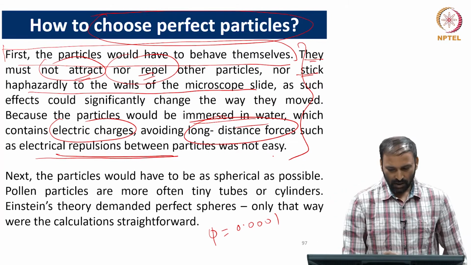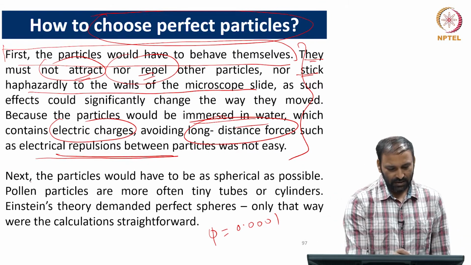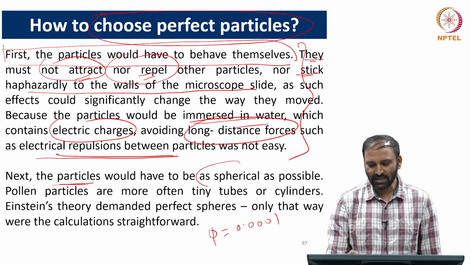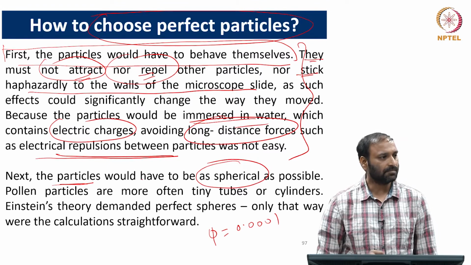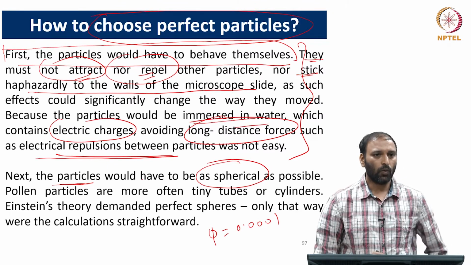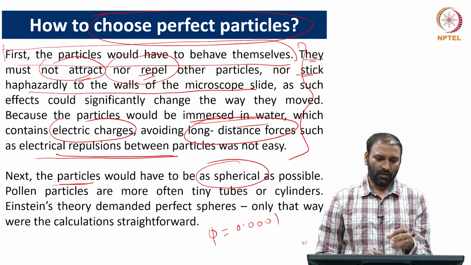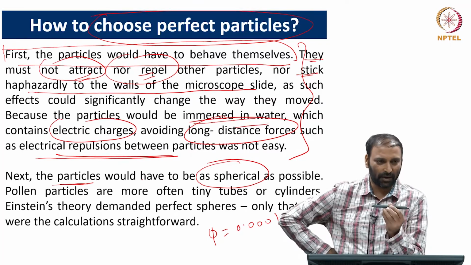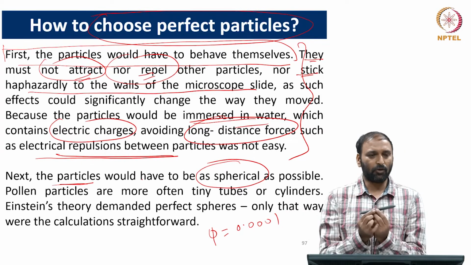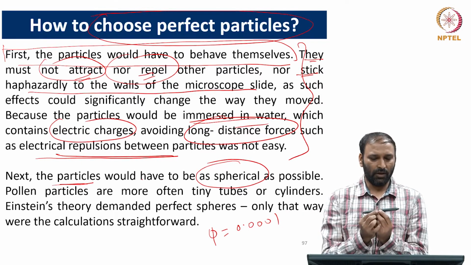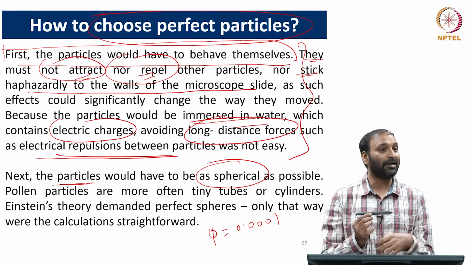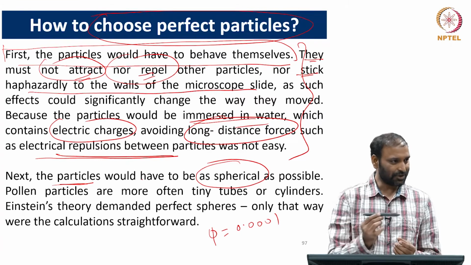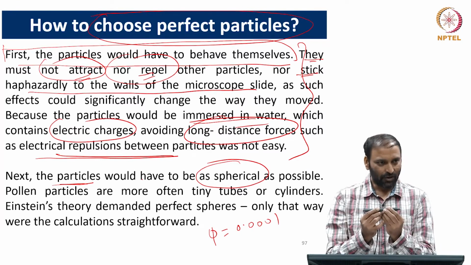Now the next thing is that the particles would have to be as spherical as possible. What it means is that if you have a particle like this, say a rod-like particle, then people talk about what is called translation-orientation dependent diffusion. You could have translation, and you could also have rotation.